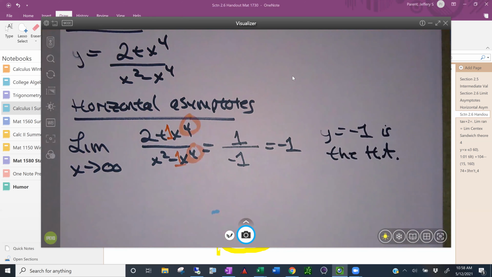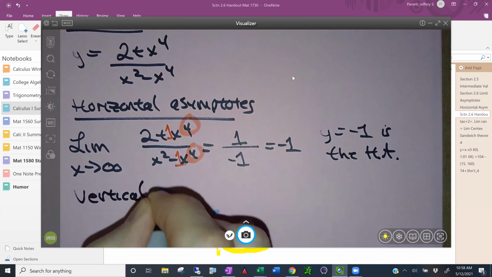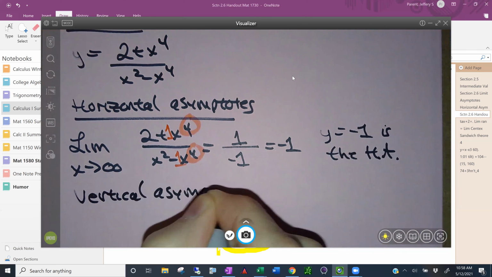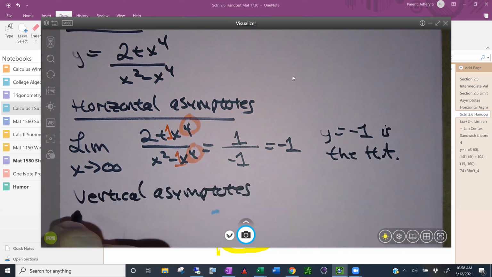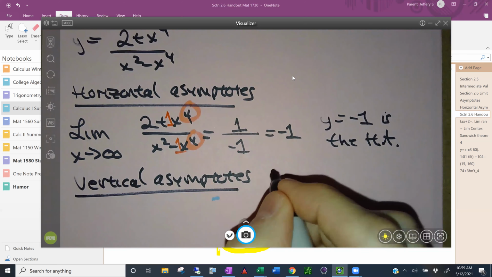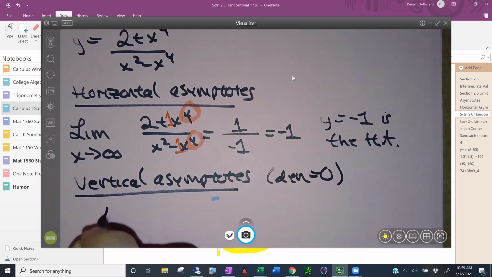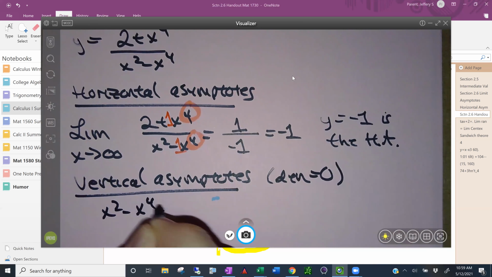What about the vertical asymptotes? That's going to be where the denominator equals 0, which is x squared minus x to the fourth equals 0.